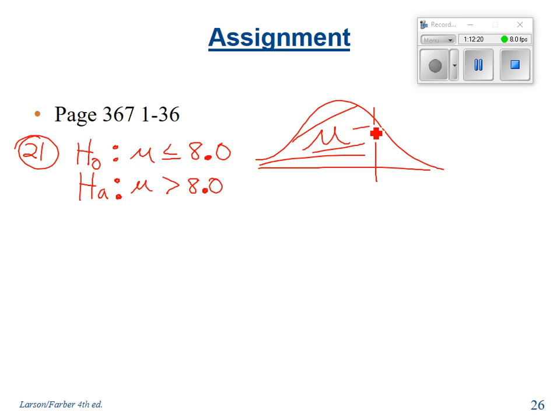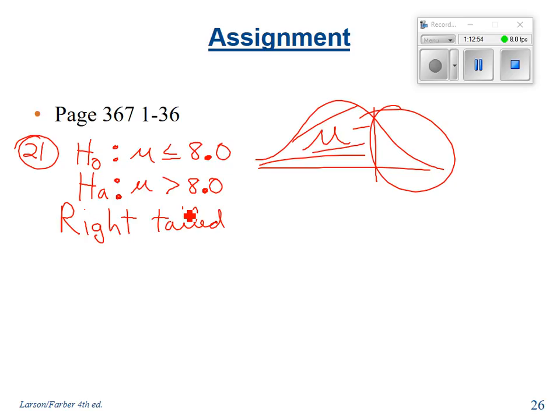Well, where's the mu's that we don't want? To the right. So what's that tell us? It's right-tailed. If you come up with a better way to explain that to everybody, let me know. Because that's drawing that little graph and saying, okay, all the mu's that we want are this way. The stuff that we don't want is on the right. That tells me it's right-tailed.